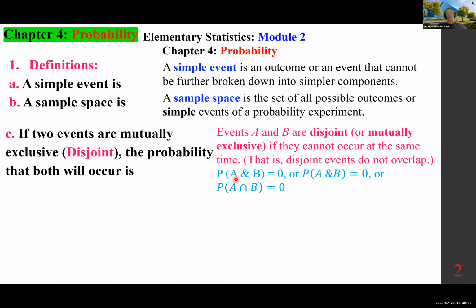The notation is P of A and B equals 0, or P of A intersection B, the intersection of the events. This looks almost like an N, probability of A intersection B, known as the AND event, and it's equal to 0. In other words, A intersection B must be an empty set.